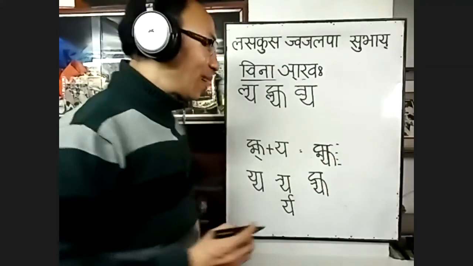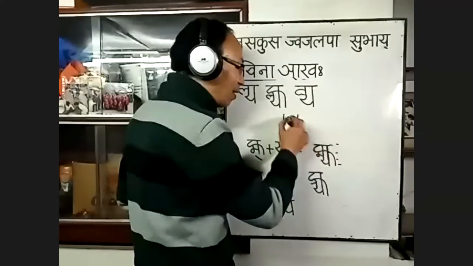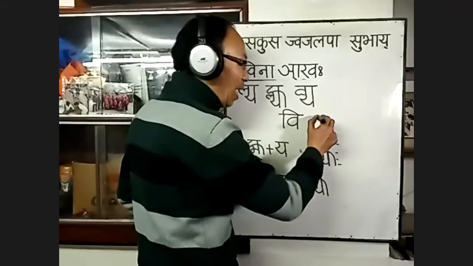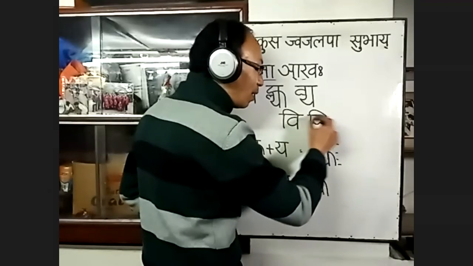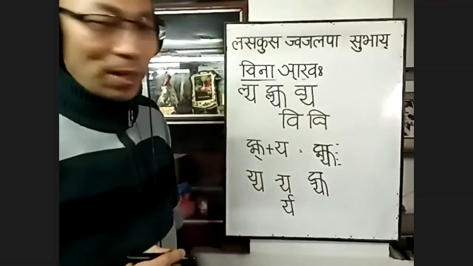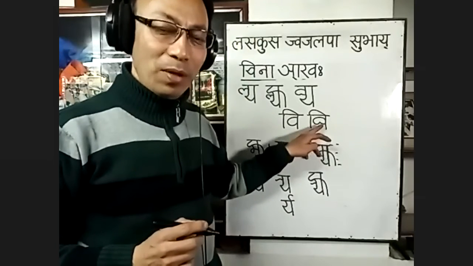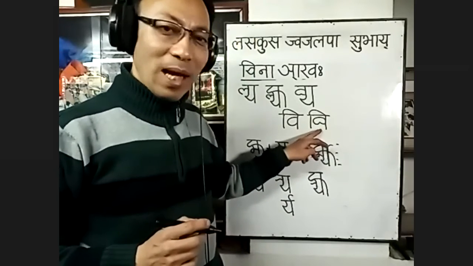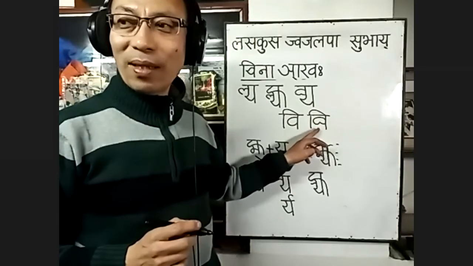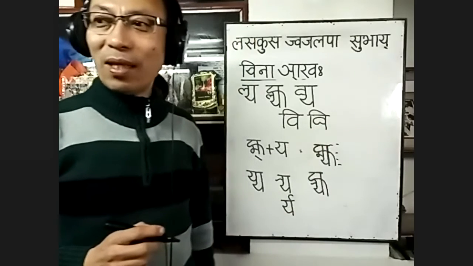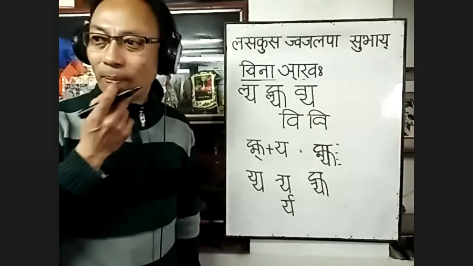So in general, in Nepali, Vijay is written like this, Ba, but actual word is Wa. Vijay. We do write like this, but while pronouncing this as Ba, Vijay. But in writing, it is written like this, but pronounced as Vijay. So in Nepalbhasa, it's also like that, the same.